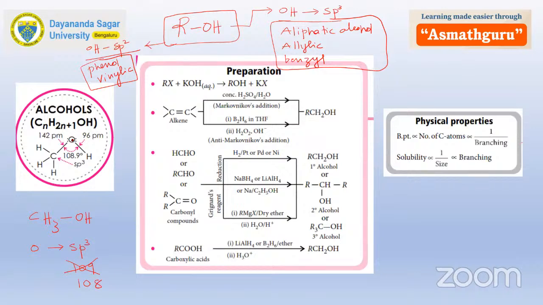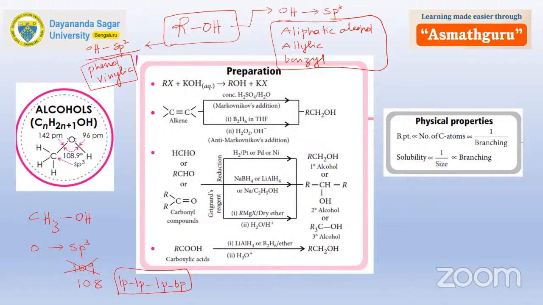Because there is a lone pair of electrons on the oxygen atom, and we already studied that lone pair repulsion is more than bond pair repulsion according to VSEPR theory. So due to the repulsion, the bond angle slightly decreases. This is one point you have to remember regarding the structural aspect.